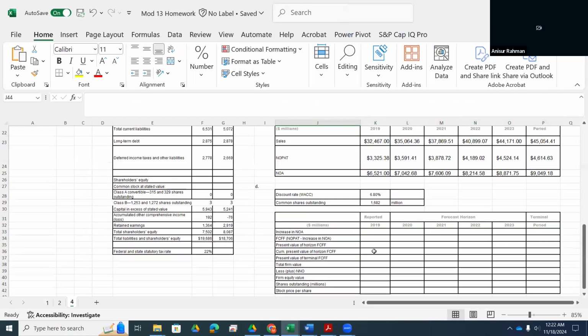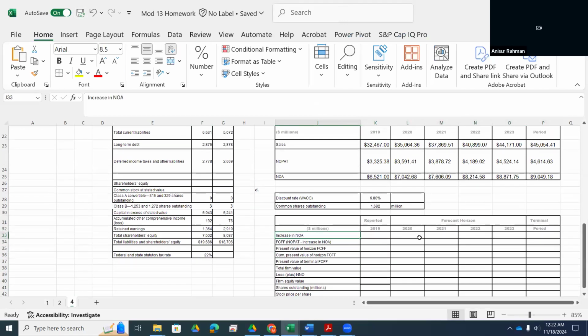Now our increase in net operating assets, I'll start from 2020. So as before, 2020 minus 2019. And then pull across all the way. Free cash flow is our NOPAT, which is this minus our increase in net operating assets, which is this.